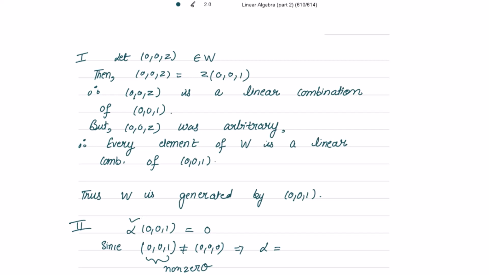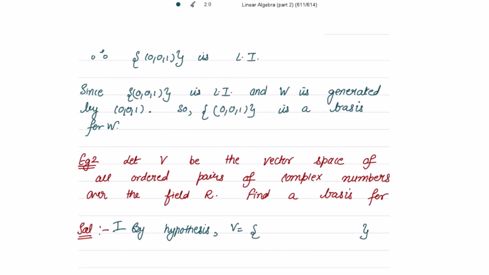In this linear combination there is only one scalar and that is 0, and this vector is non-zero, which means it is linearly independent. So therefore alpha is equal to 0. This implies alpha is 0, but this vector is non-zero. Hence, this is linearly independent.